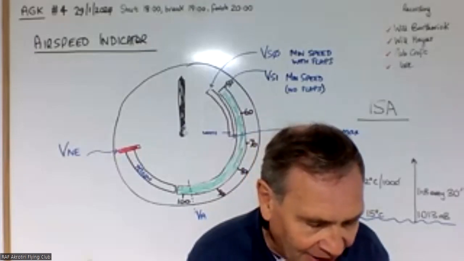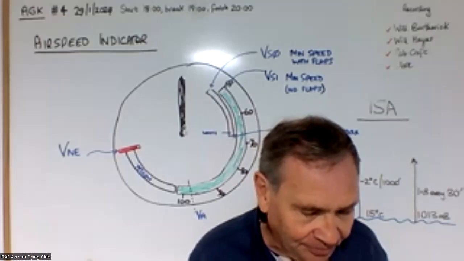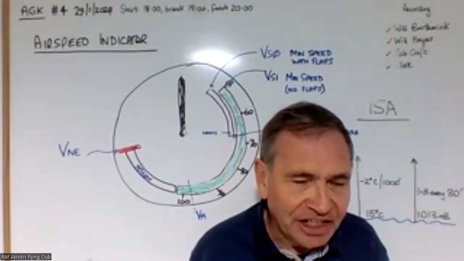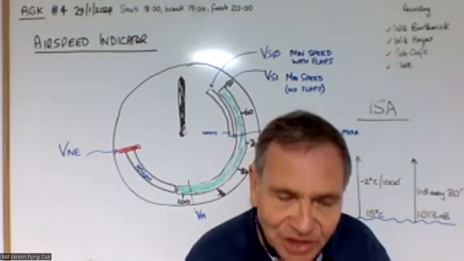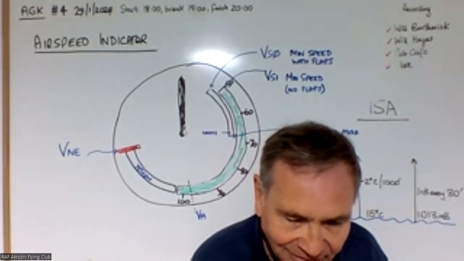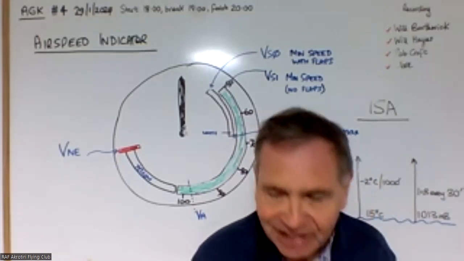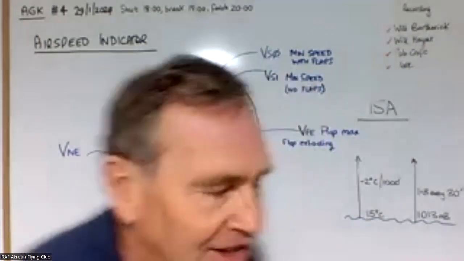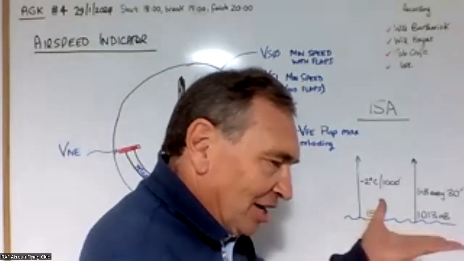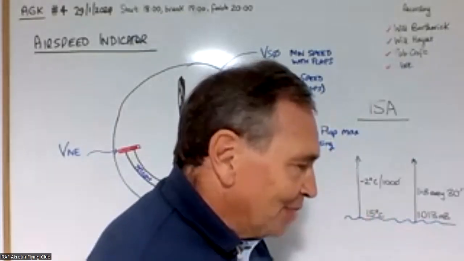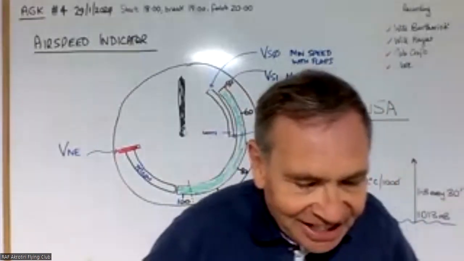The airspeed indicator is actually showing you what the wings are also seeing. Now, I know that might sound a bit of a stupid thing to say, but what I mean by that is that imagine you climb higher and higher and higher. Well, what's happening is the amount of molecules in the air per cubic meter is less.